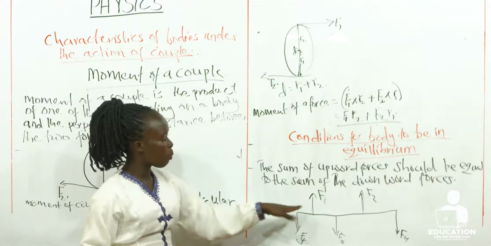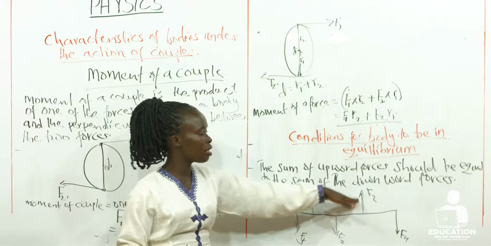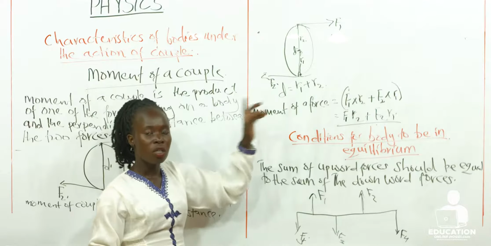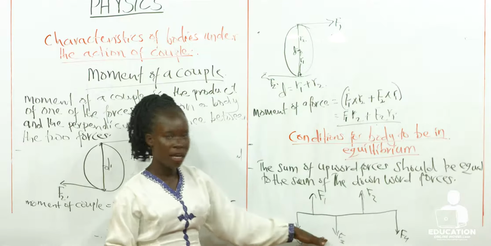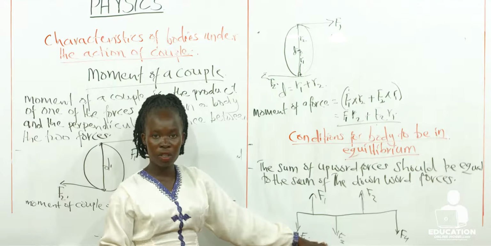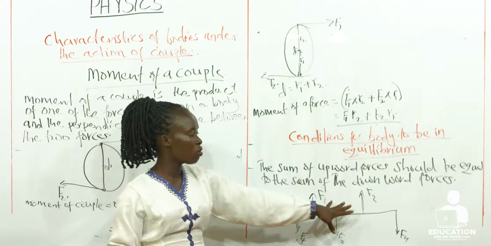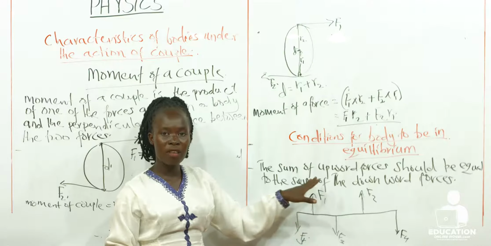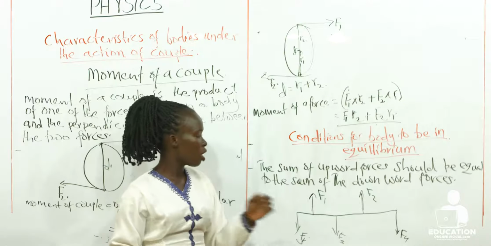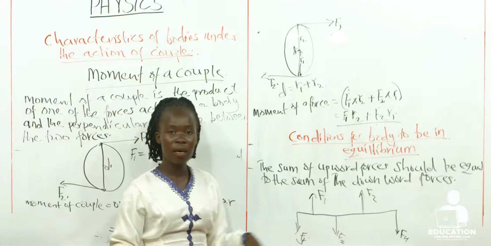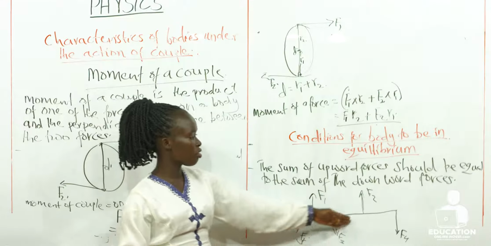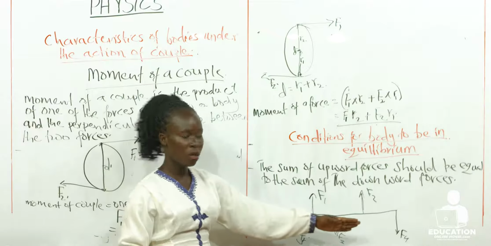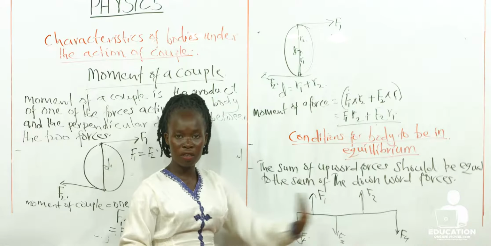If you sum up the forces acting in the upward direction, it should be equal to the forces you've applied in the downward direction. Because if they do not balance out, that means that their resultant is not 0. So that means this body won't be in equilibrium. So the first condition is all these forces up should be equal to the total forces downwards.